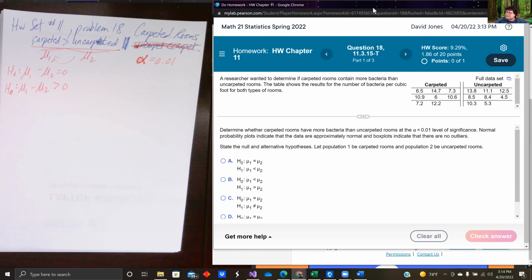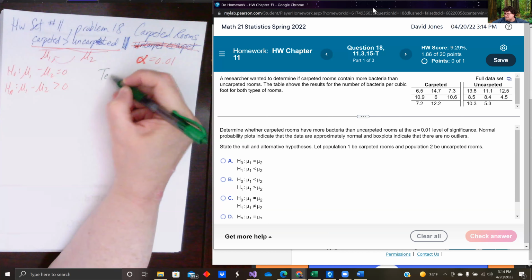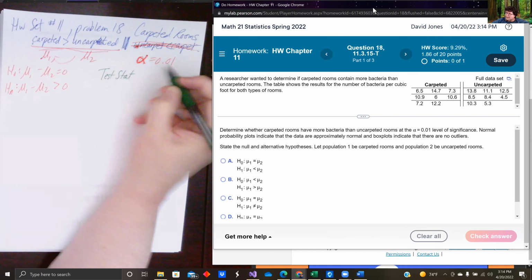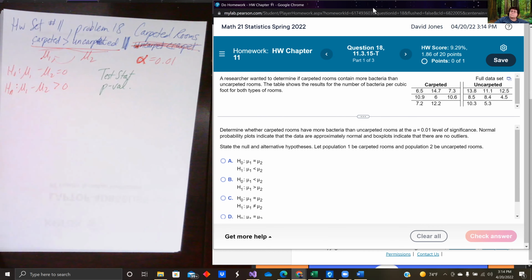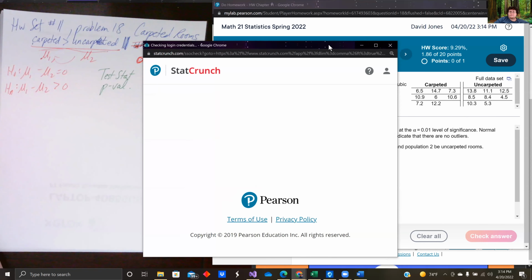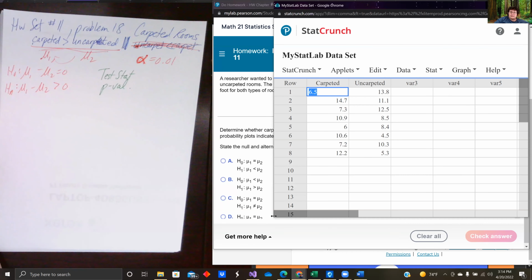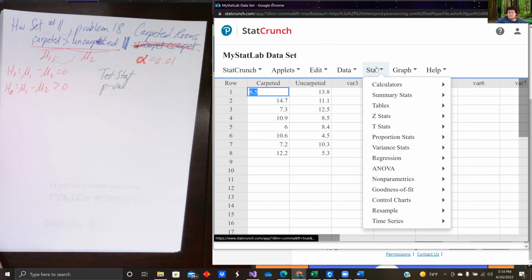Now we just got to find the test statistic and our p-value. So I will open that in StatCrunch, and we will do the test there.